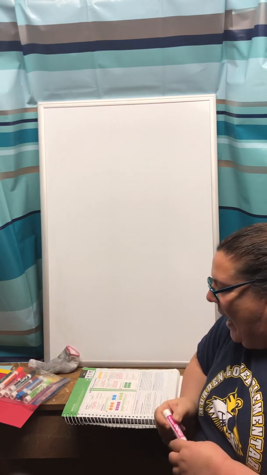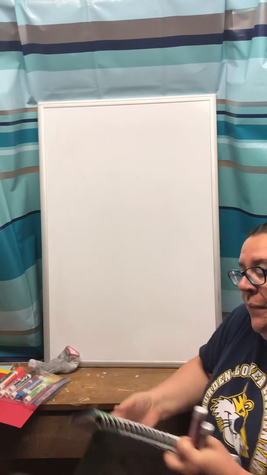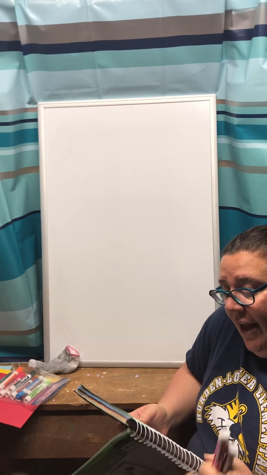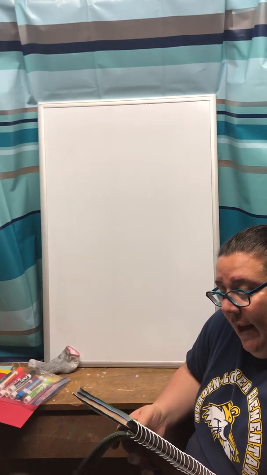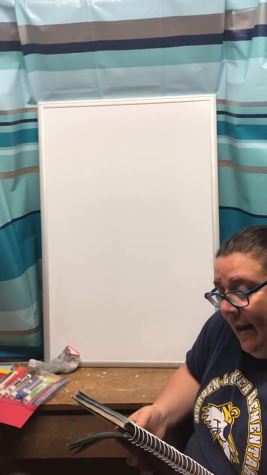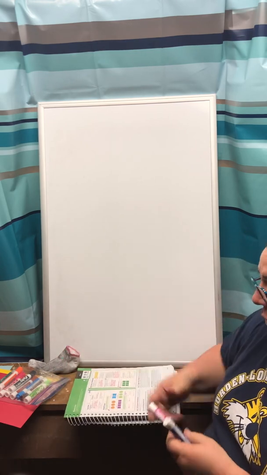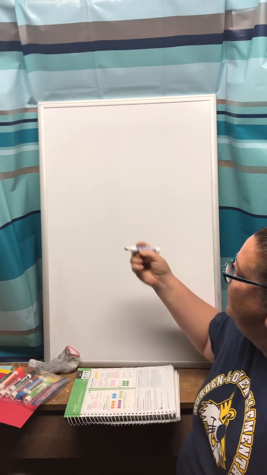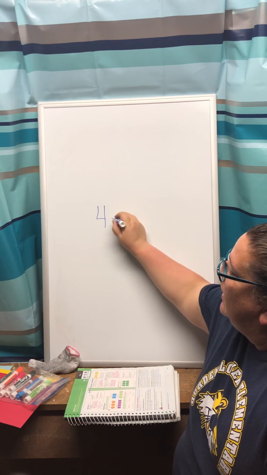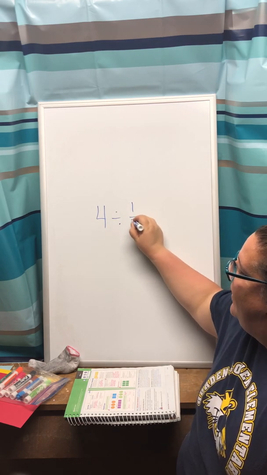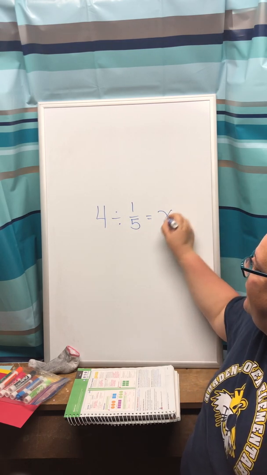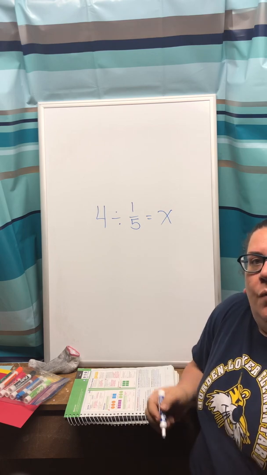For the guided practice, they start with: explain how to use multiplication to find 4 divided by 1/5. So again, we're trying to find the answer to 4 divided by 1/5.